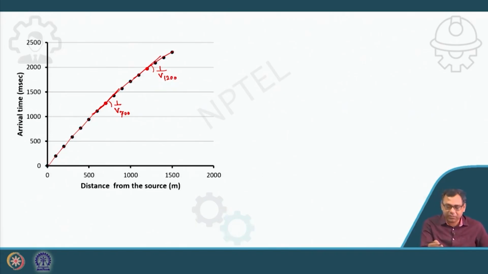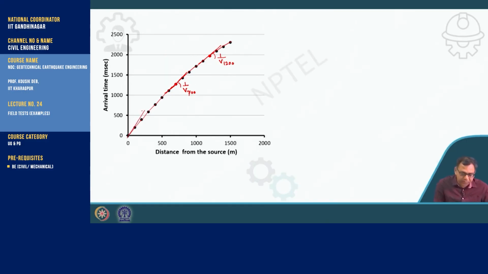In the same way you can get the slope at different locations, and at the initial point you will get this slope. So this will give me 1 by V0. That is the initial slope I will get.